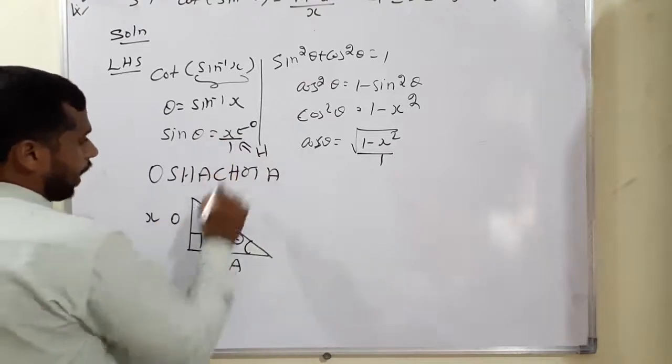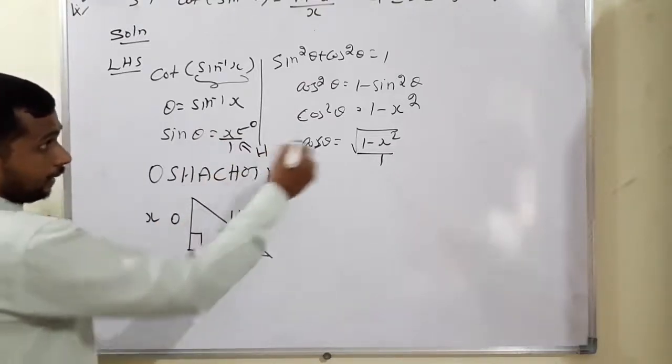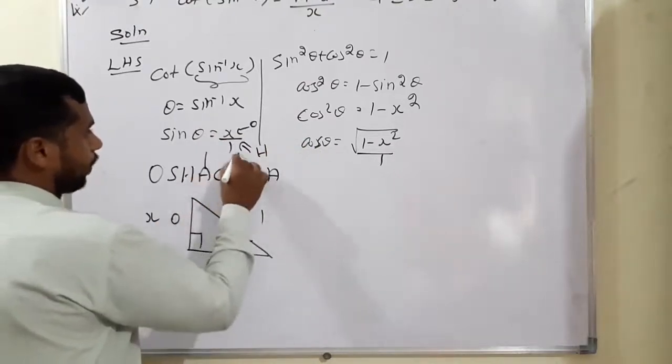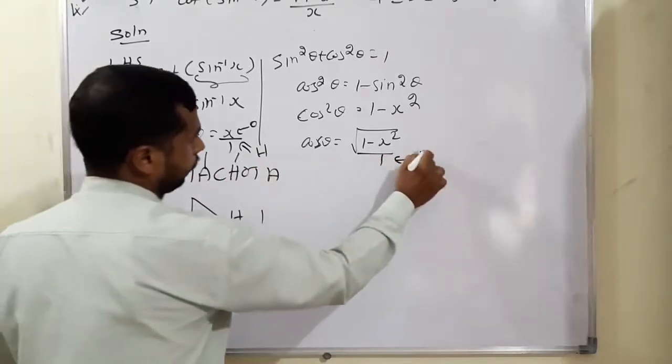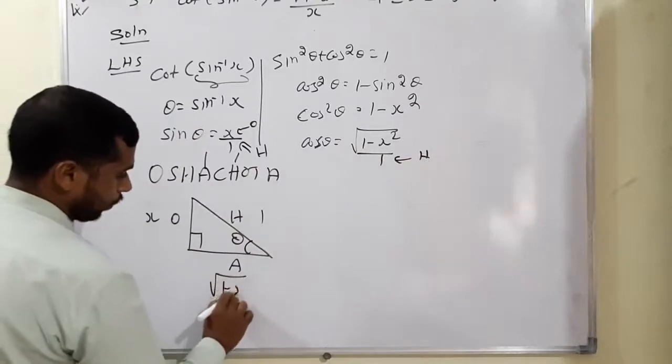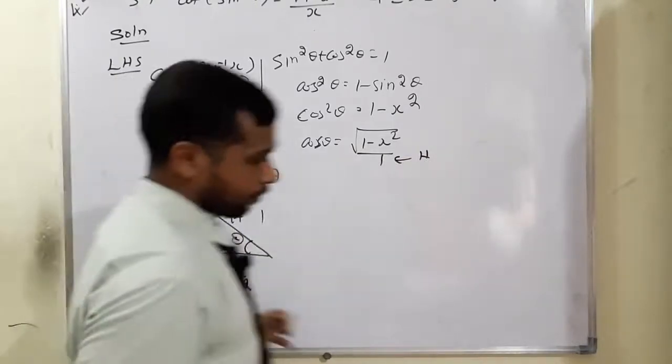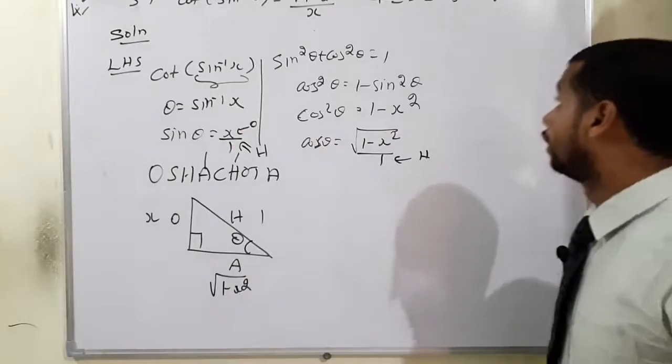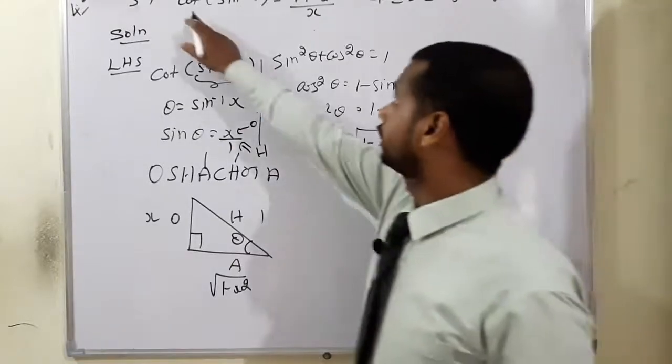Opposite value will be x, hypotenuse value will be 1. Cos theta means adjacent divided by hypotenuse. Hypotenuse is 1, but the adjacent value is square root of 1 minus x square. So from this right angle triangle, what we need actually is cot theta.